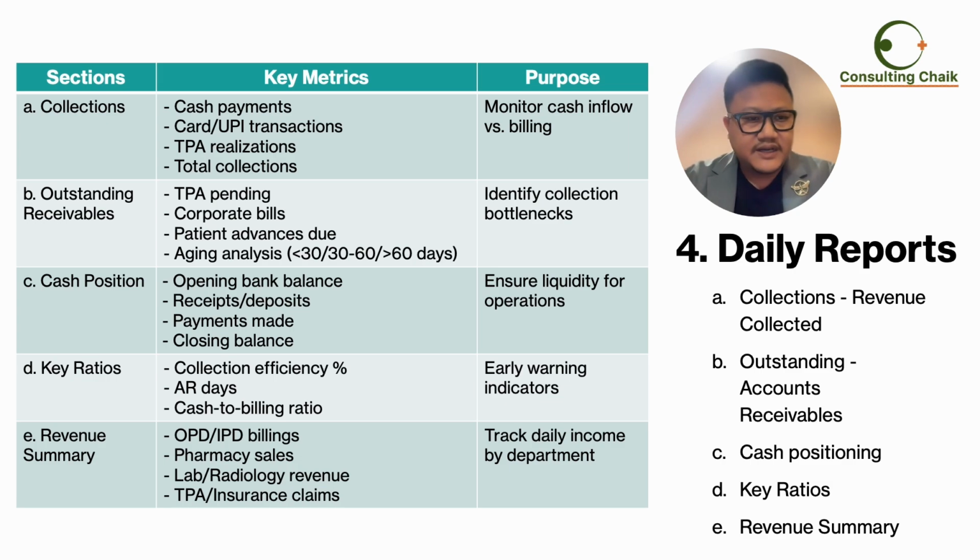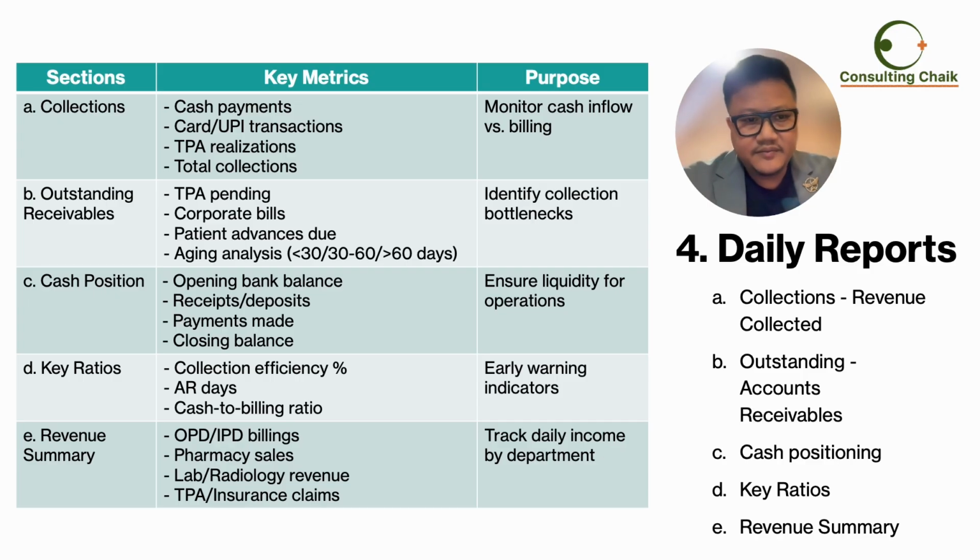Then your outstanding receivables, accounts receivable, like your pending TPA, your corporate bills which are pending, your patient advance, certain credits of your patients which were due, and aging analysis. We'll talk about the aging analysis in the later stages.